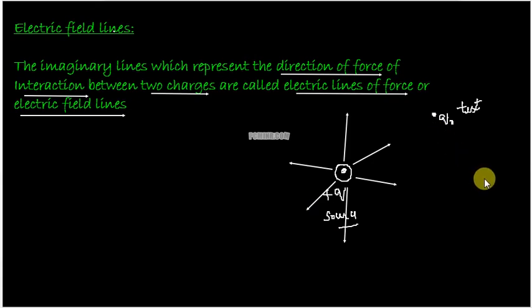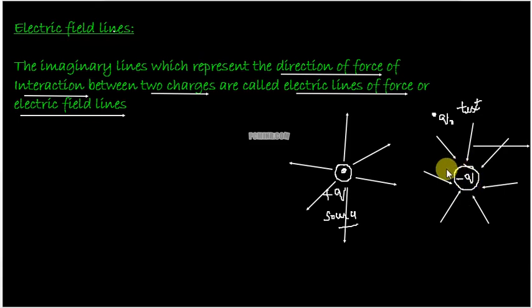And if I have a negative charge Q, then these same electric field lines would be pointing towards the charge. So the arrow would be indicating the direction is towards the charge. So in case of a positive charge, the electric field lines diverge out or originate from there, and in case of a negative charge, the lines of force end up at the negative charge.